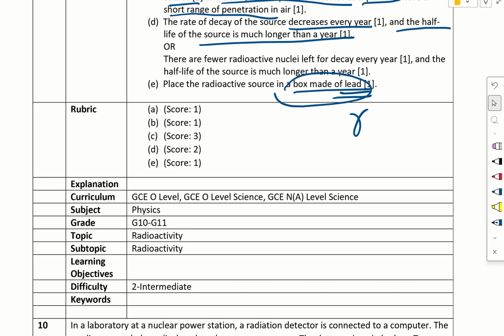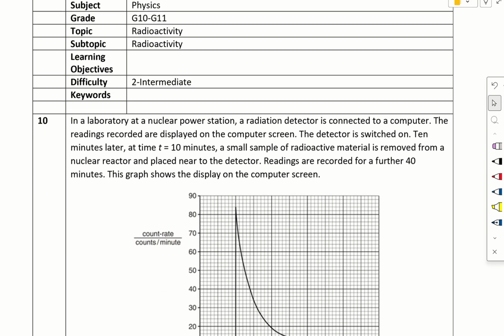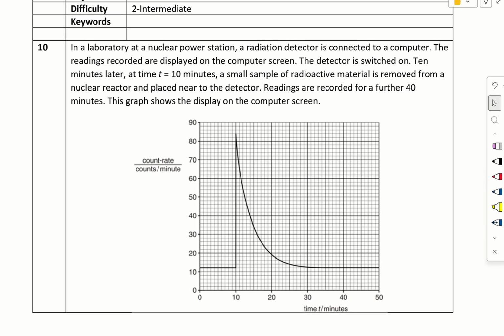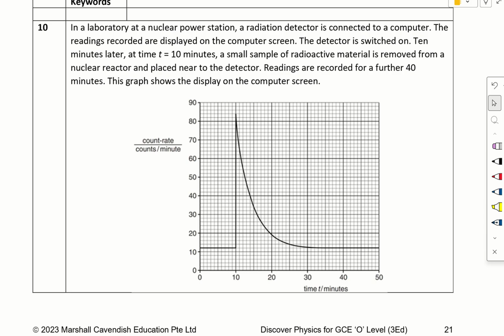Let's look at the next question. In a nuclear power station, a radiation detector is connected to a computer. Readings recorded are displayed on the computer screen. The detector is switched on. 10 minutes later, at time t equals 10, a small sample of radioactive material is removed from a nuclear reactor and placed near to the detector.